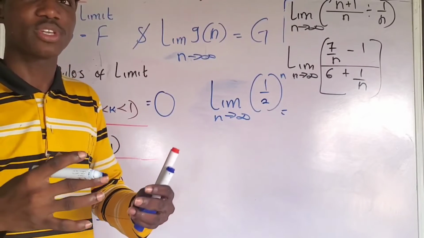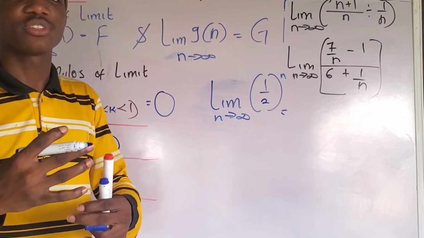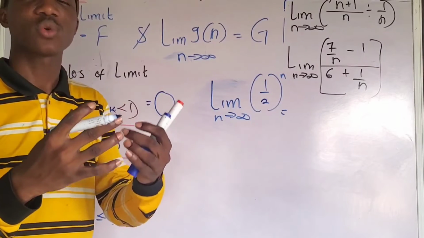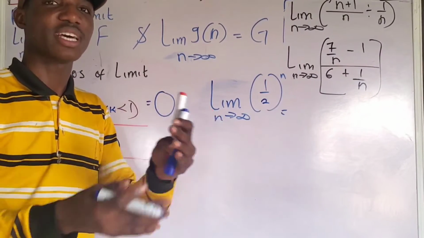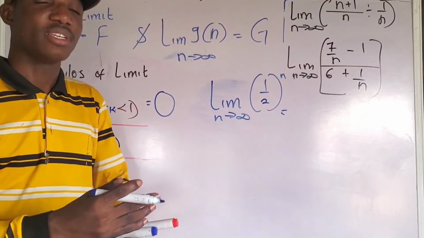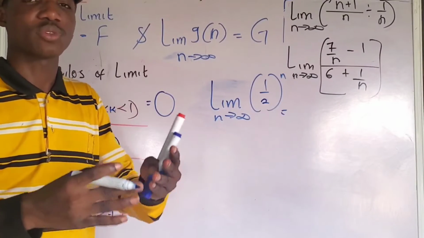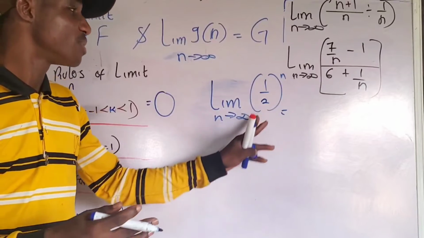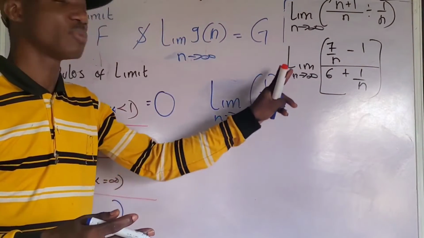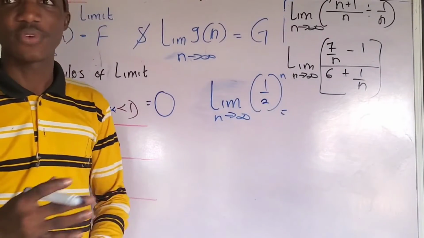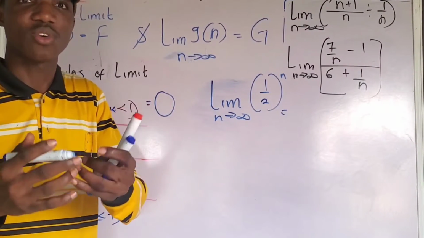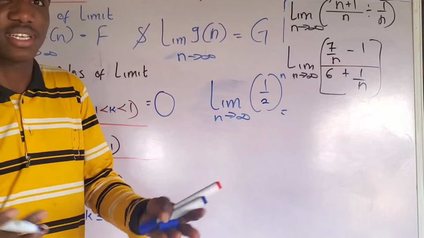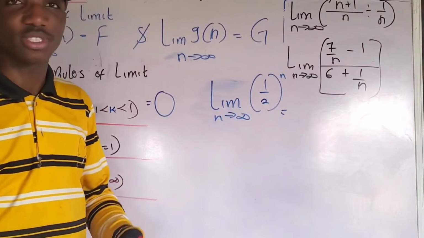I told you that the limit of a function is the value we obtain as output when we insert the limiting value. So the limit of 1/2 to the power of n as n tends to infinity is 0, because though we might not actually get 0, the value tends to 0.